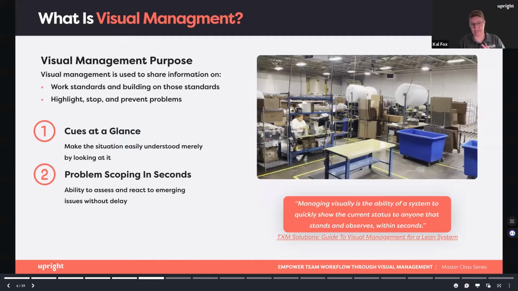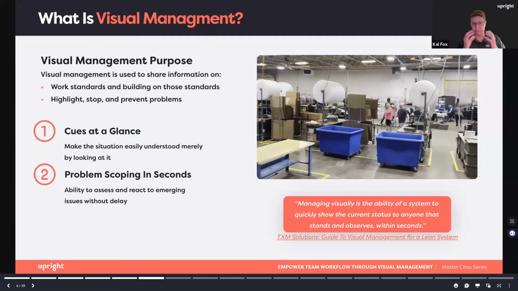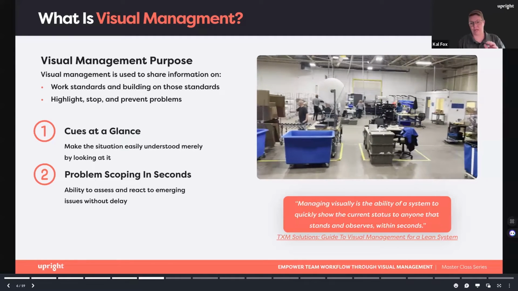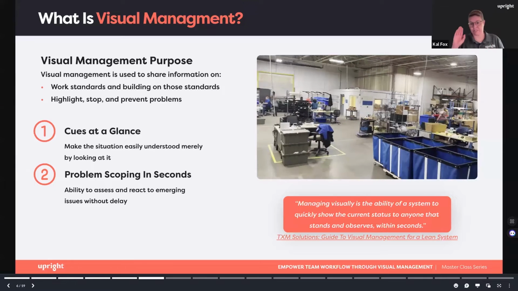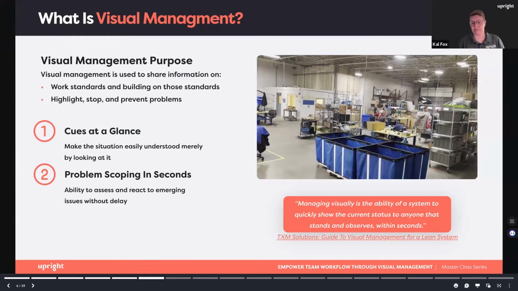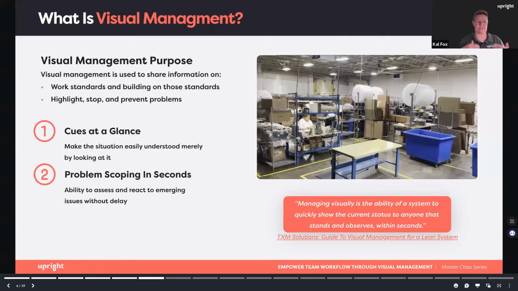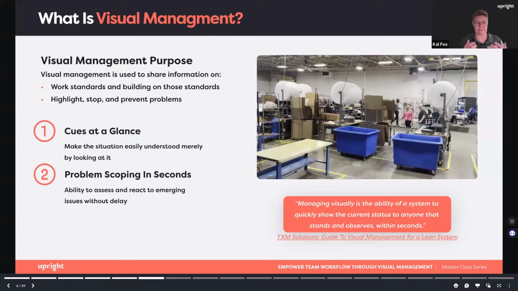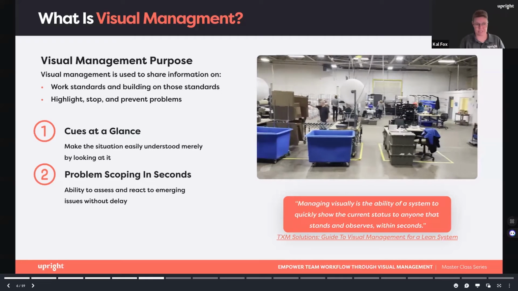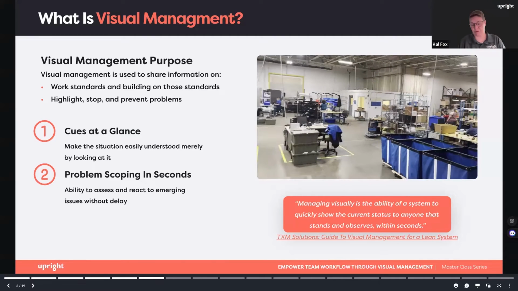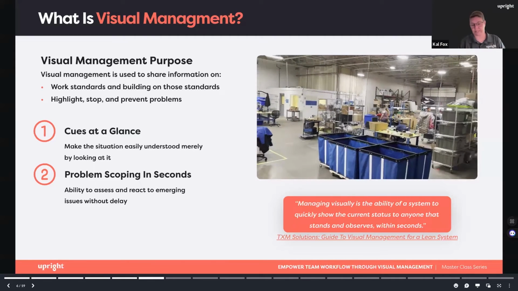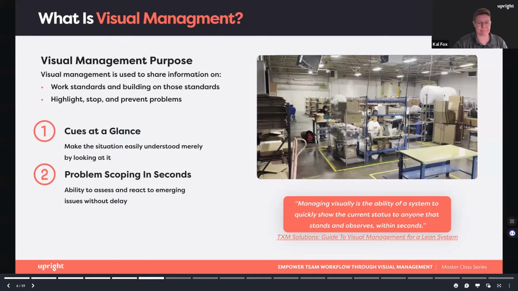When I'm talking about visual management, it really needs to be as simple as red means bad, green means good. And being able to engage people's brains in that way, where I'm not having to stare at a workstation for 5 minutes in order to understand what's happening, because we want problems to really stand out quickly in a visually managed system.